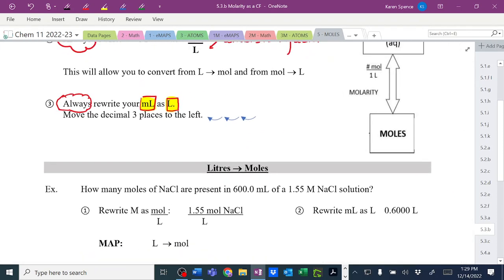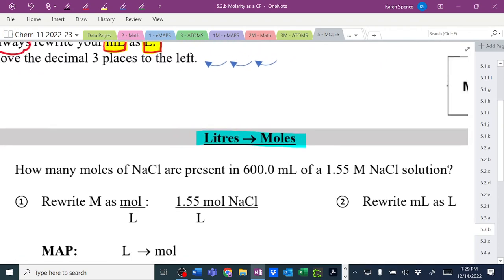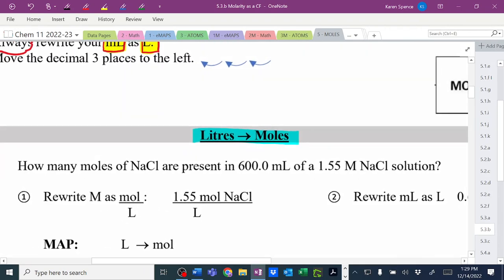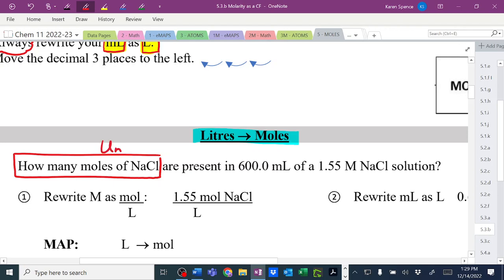So we're going to start by going from liters to moles. How many moles of NaCl, that is our unknown, are present in 600 milliliters of 1.55 molar NaCl?